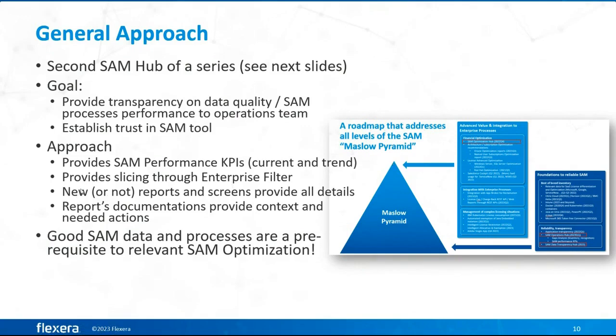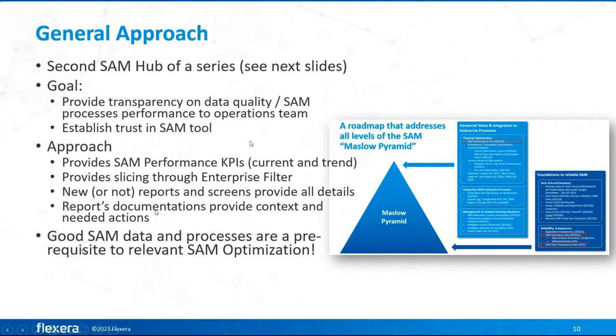So if a KPI is bad, you will know, one by one, which are the computers, virtual machines with no host, and so on. And you can then address the issues once you have identified the root cause, which is also helped by these reports and their documentation.